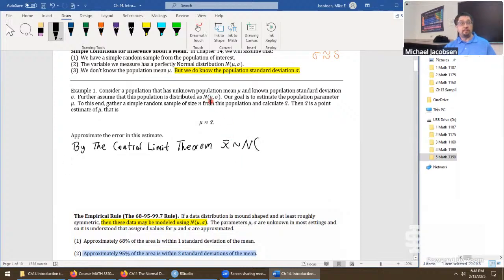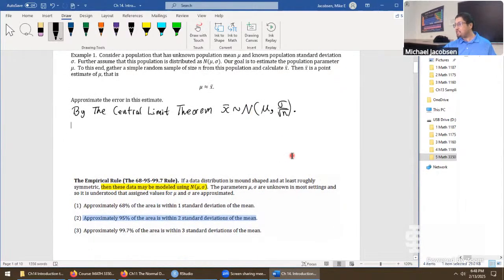The mean here from the population would go into that location. Sigma from the underlying population goes in. We're drawing a sample size of n, so we divide by the square root of n. And that's just the central limit theorem that we've been working on in chapter 13. So now when it says 2 standard deviations from the mean, these are the standard deviations being referred to. And when it says of the mean, it's referring to this.